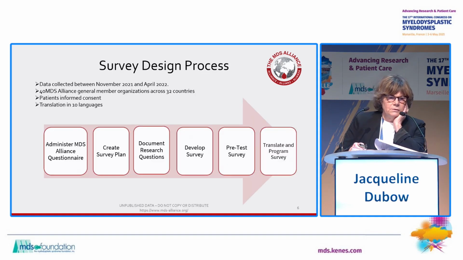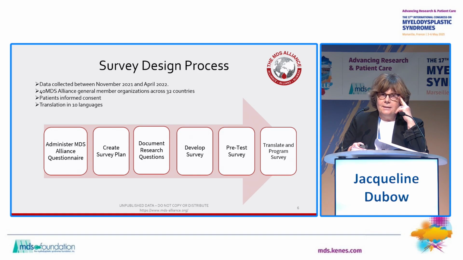So how the survey was done, the data were collected between November 21 and April 22, and we used our network of members to get to the patients. So each patient signed a consent form, and the survey was translated in 10 different languages.